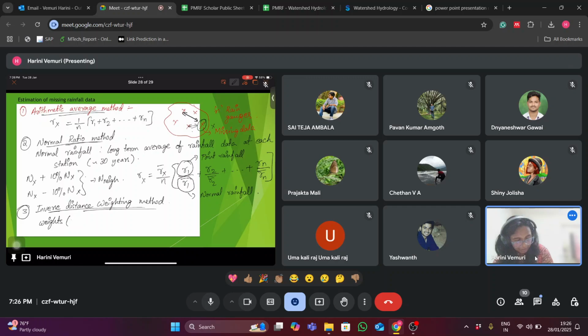So how do we calculate weights for each station? Suppose for station I, the weight will be 1 by di square, where di is the distance between station I and station X. Since we know the coordinates of these stations, we can find the distances between the stations and find the weights by inverting them. Then we will calculate the rainfall at X using these weights.